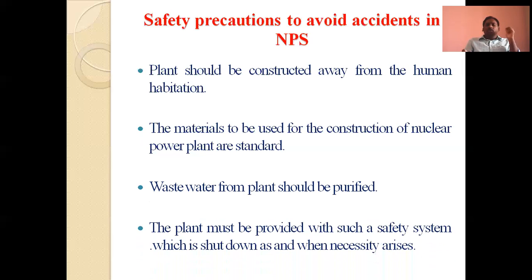And the plant must be provided with such a safety system which shuts down the plant as and when necessity arises. When there is a need to shut down the plant compulsorily within a short duration of time, we can shut down the plant. Otherwise, there is a large amount of hazards from the nuclear power plants.